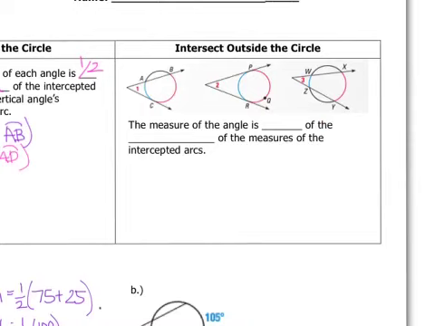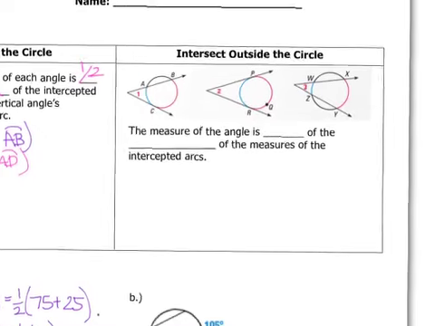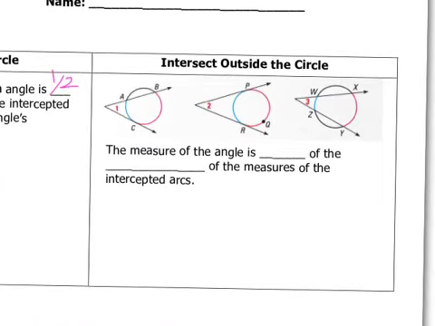Finally, we are looking at when our two lines intersect outside of the circle. I want you to notice a couple of things here with these pictures. Just take a look. Your angle is always outside of the circle, first of all, because your lines are intersecting outside of the circle.